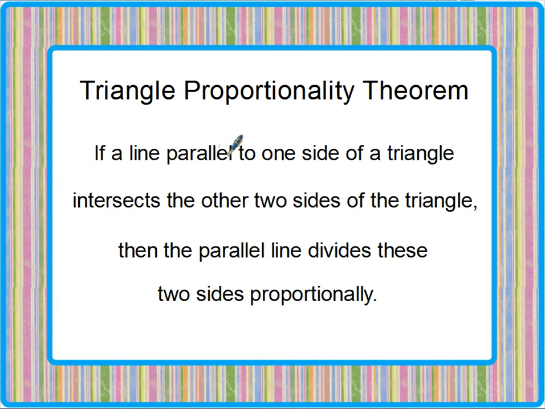And it says if a line parallel to one side of a triangle intersects the other two sides of a triangle, then the parallel line divides these two sides proportionally. That's our official definition. Pause the video again if you need to write this down. It should go in your notes for sure.